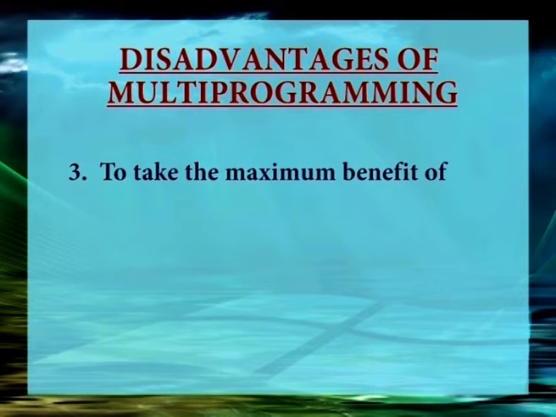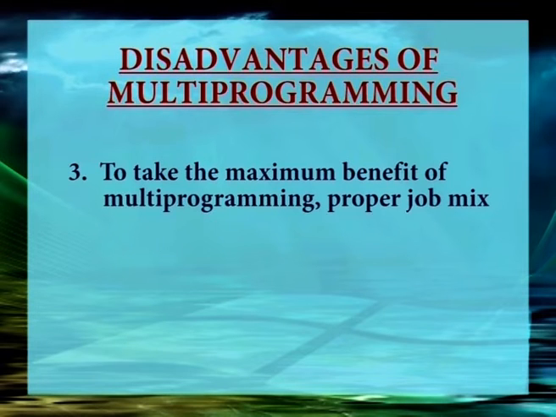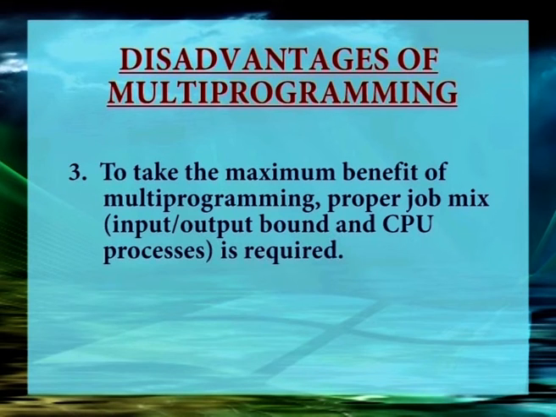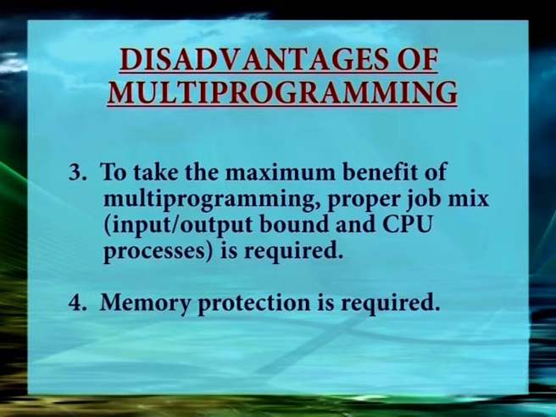Third is to take the maximum benefit of multiprogramming, proper job mix, which means input-output bound and CPU bound processes is required. Fourth is memory protection is required in case of multiprogramming.